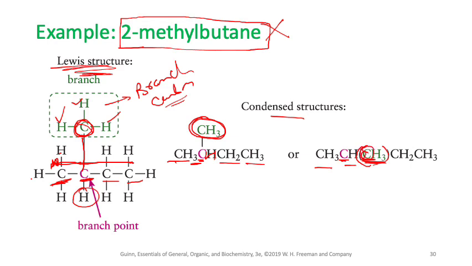How would I know this is a branch carbon? So the time you write CH3, CH, CH3 with a parenthesis, CH2, CH3, the time you see over here, this carbon doesn't have 4 bonds in there. If this CH3 wouldn't be a branch, let's assume if this CH3 wouldn't be a branch, then this carbon cannot have 3 hydrogen atoms because the center carbon cannot have 3 hydrogen, right?